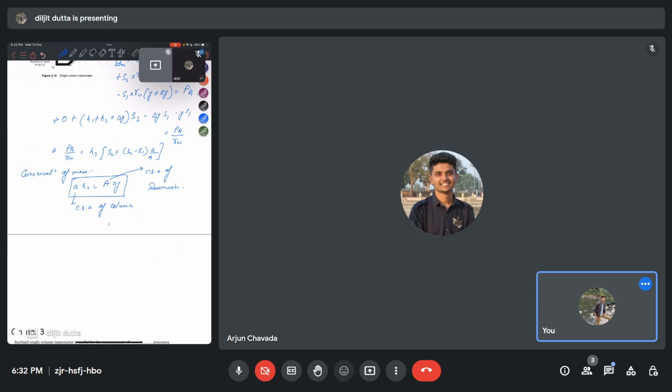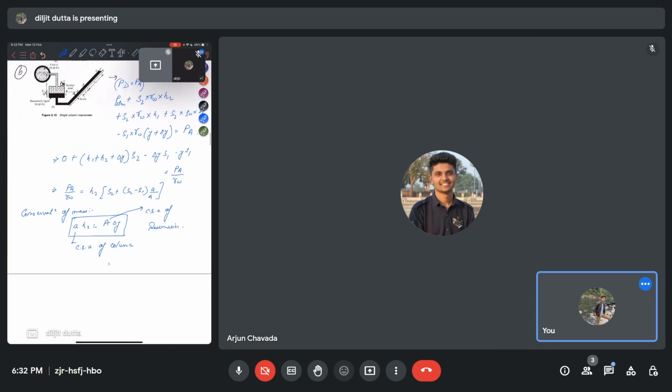And if we put these values in the above equation, we will get this final equation.